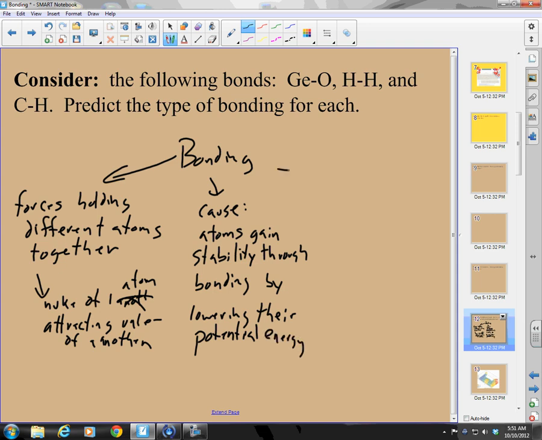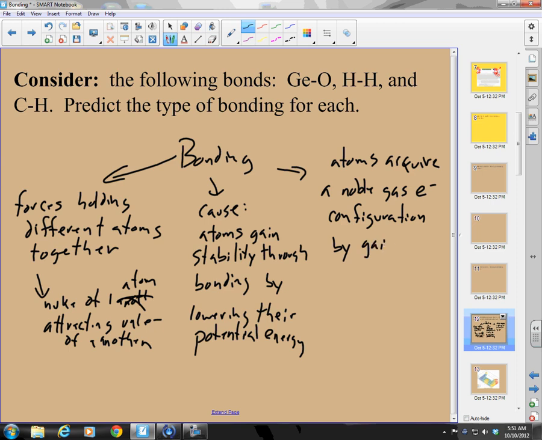And what's the general process? Atoms acquire a noble gas electron configuration, by gaining, losing, or sharing valence electrons. Good. So that's kind of an overview of bonding.